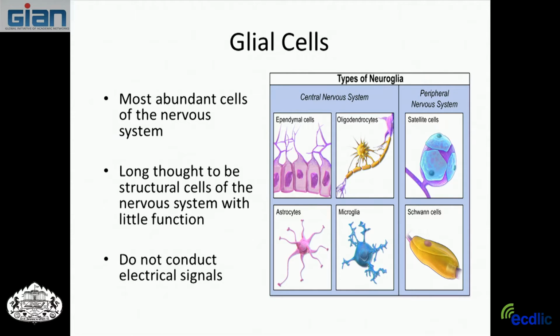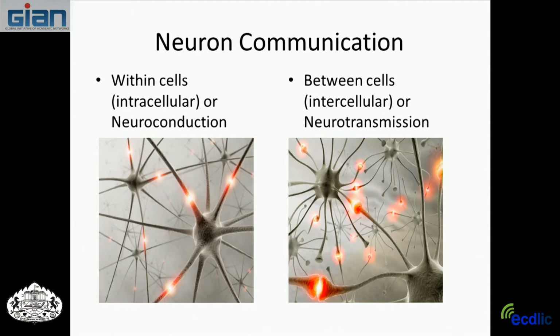They're not the cells that send and receive signals, so they don't conduct the electrical signals, but they perform other functions within the nervous system, such as myelination of the cell axons, making the cerebrospinal fluid, creating structure for axons to grow on. So we know these are important cells as well. We don't understand their function as well as we do the neurons.